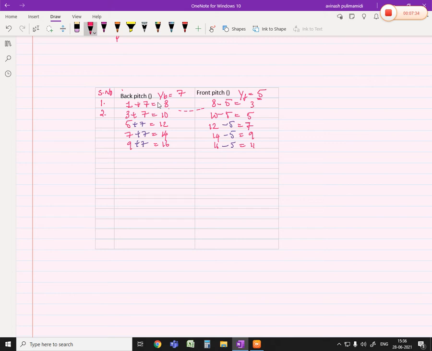Next, 11 plus 7 will be 18, and 18 minus 5 will be 13. Next, 13 plus 7 will be 20, and 20 minus 5 will be 15.